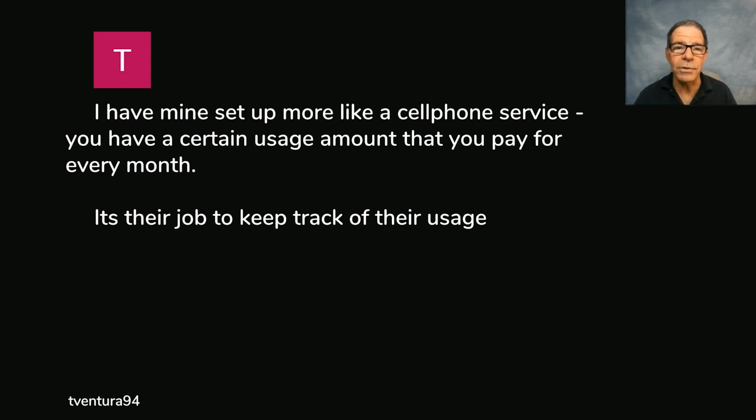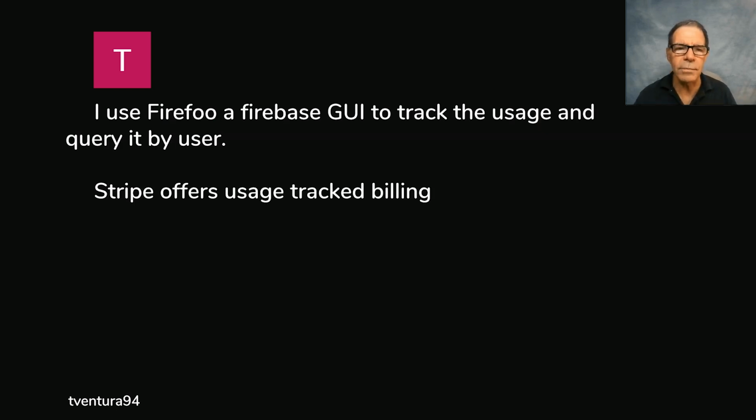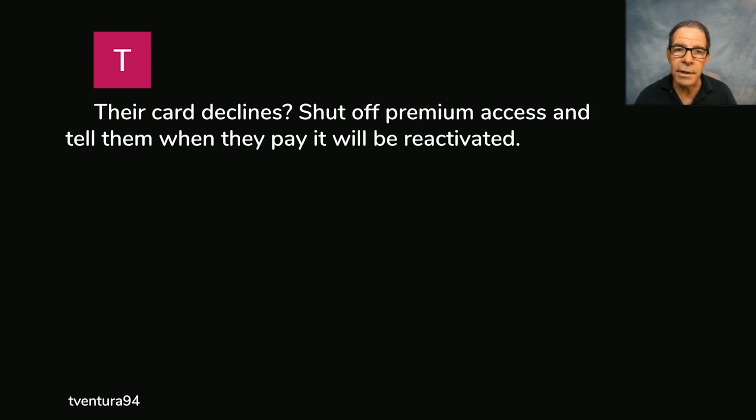With this approach, you might end up extending credit until the end of the billing cycle, just like a cell phone company would do. Any overages get automatically billed to the credit card on file at the end of the billing cycle, using Stripe or similar based on usage tracking. And if the card declines, the service is cut off, just like a cell phone provider would do.